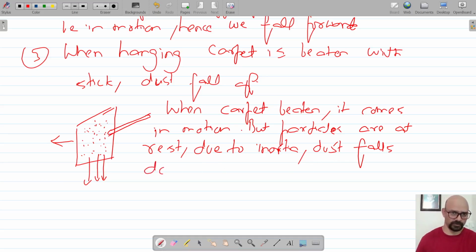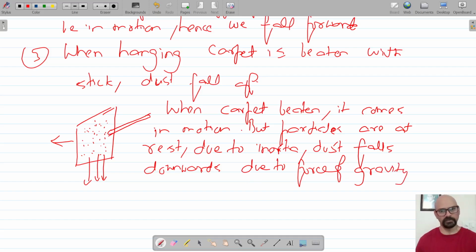The dust falls off, or let's say downwards, because of the force of gravity. So this is what inertia is, and these are very convenient examples that we can show.